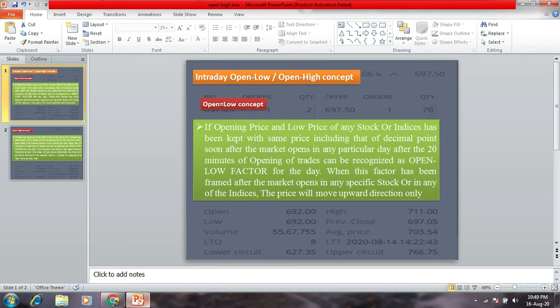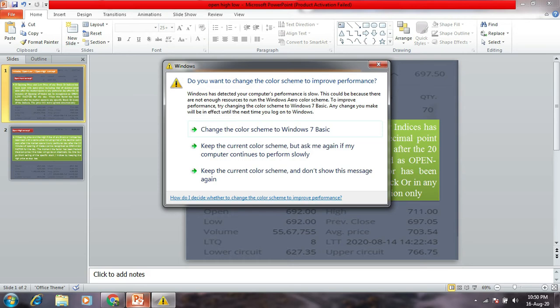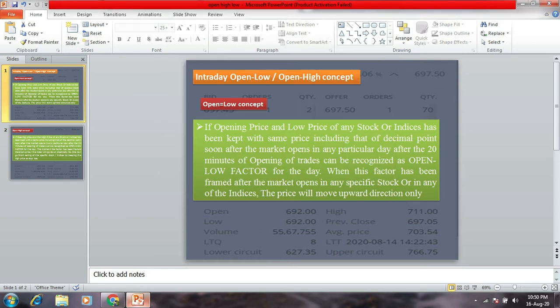But according to my experience, what I have cross-checked over the last 2 to 3 years, don't wait for the first 20 minutes. After the 15 minute candle breakout, many people buy the stocks because of this breakout. After that it moves 1 to 2% and then suddenly comes down. I faced the same thing previously.